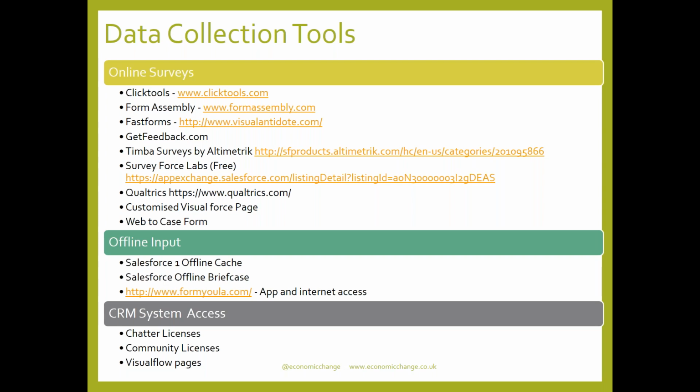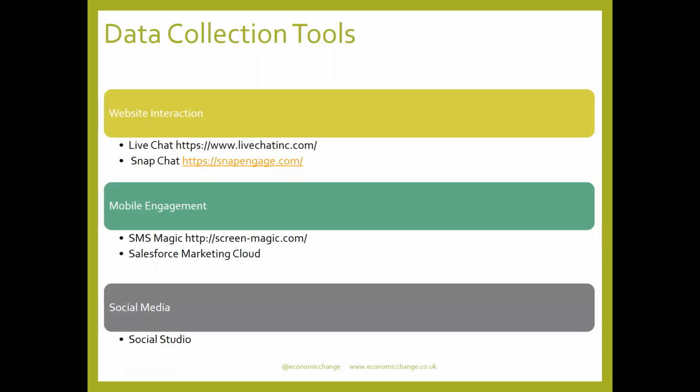So you've got online surveys, you've got offline input, you've got the ability to give your stakeholders CRM access using communities, and that's certainly something that a lot of our clients have used going forward. You've got website interaction, as I mentioned, live chat and Snapchat are two of the things on the AppExchange that you can look at.